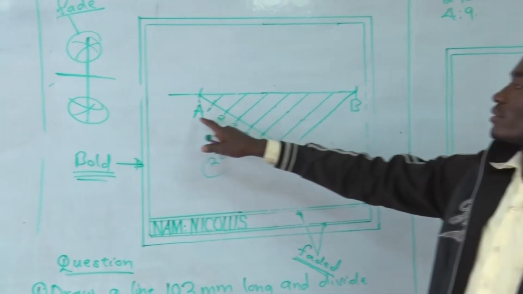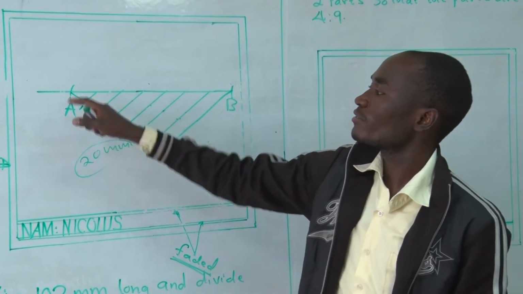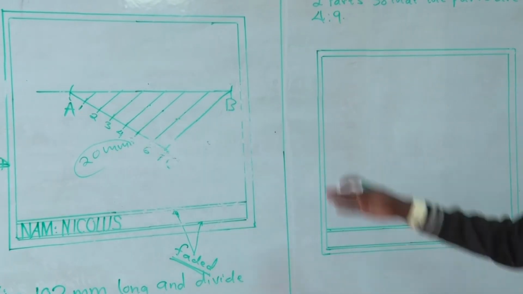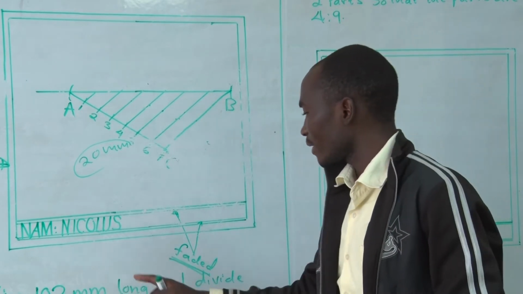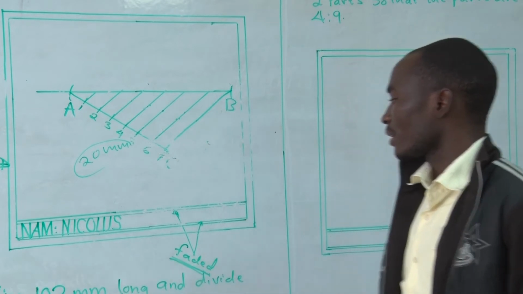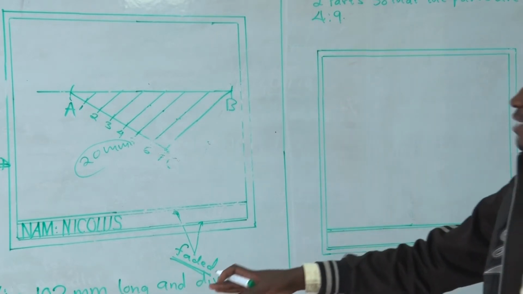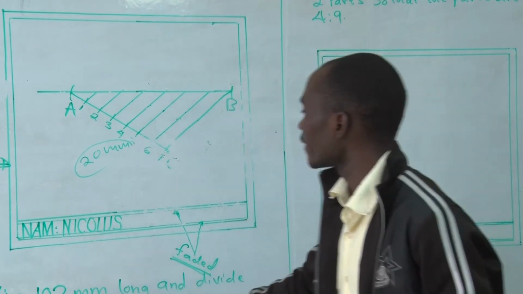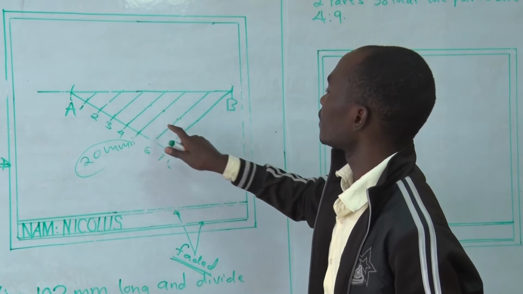So for instance, if you look at this line, you can see that it has been subdivided. That is how the question will be brought. You will draw this line and you can be given any figure. For instance, we have taken 103 millimeters long and we have divided it into 7 equal parts. We have 1, 2, 3, 4, 5, 6, 7.